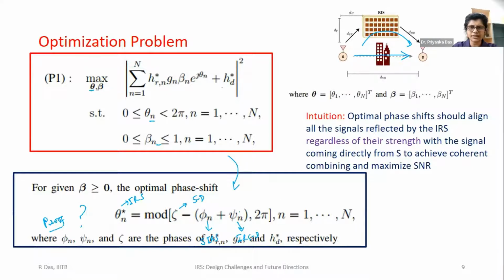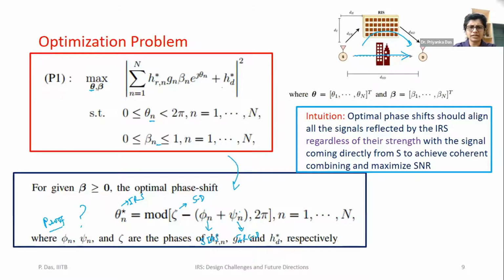This is for the simple SISO model with a direct link. So this model will be applicable when you are talking about an indoor kind of setup. You have a single antenna source and a single antenna receiver, and you place an IRS on the wall of the room. And how do you adjust the phases?